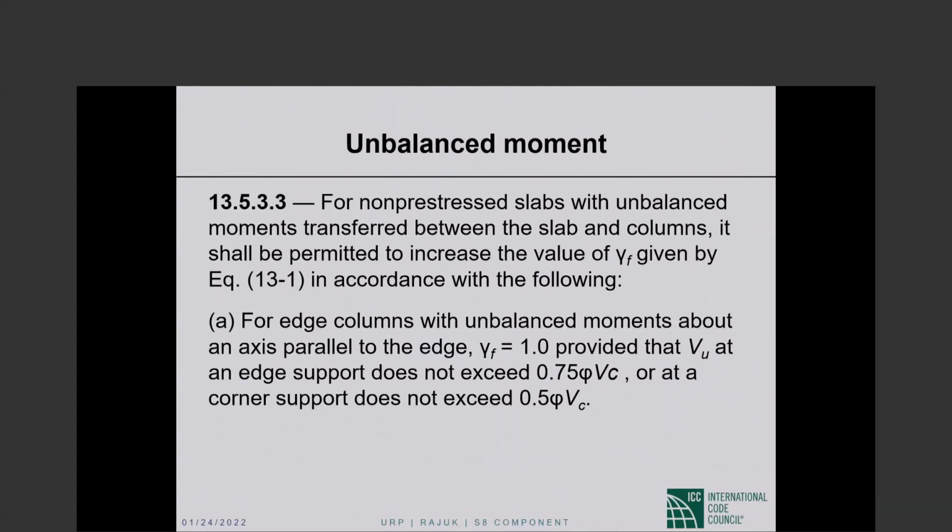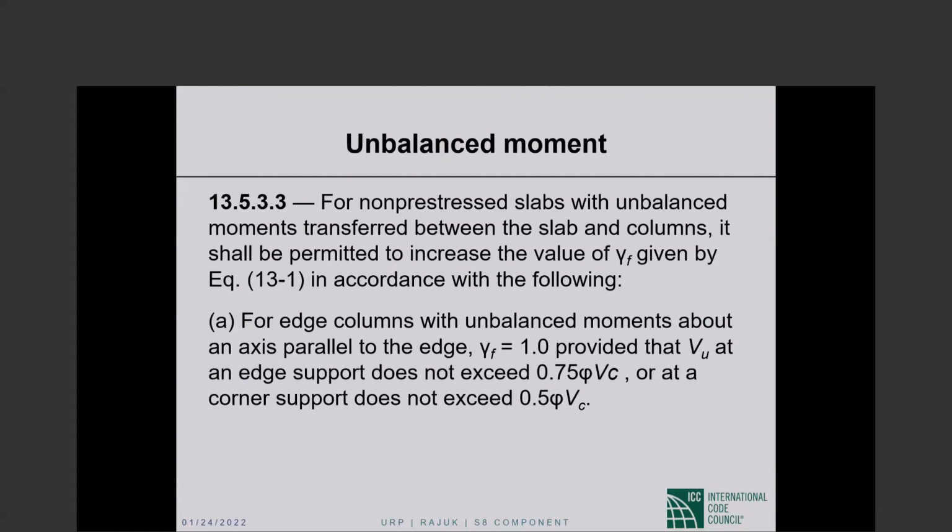For non-pre-stressed slabs with unbalanced moment transferred between slab and columns, it shall be permitted to increase the value of gamma sub F from 0.6 in accordance with the following.